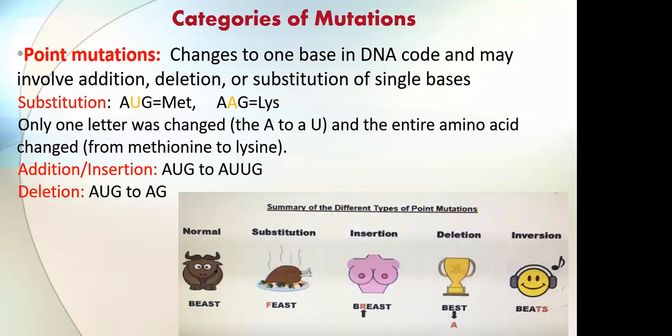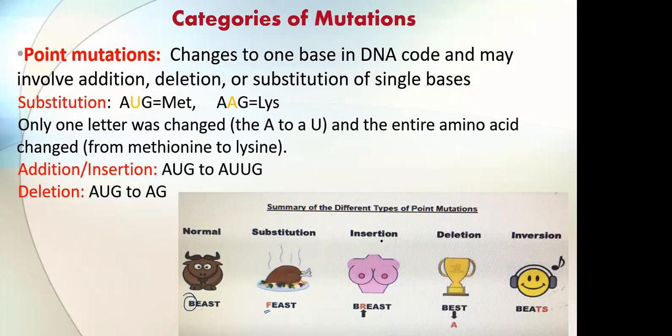Now, I gave you an example over here. The original word was beast, B-E-A-S-T. Now B is replaced or substituted with the letter F, so the new word is feast. Okay, so it's a completely different meaning.